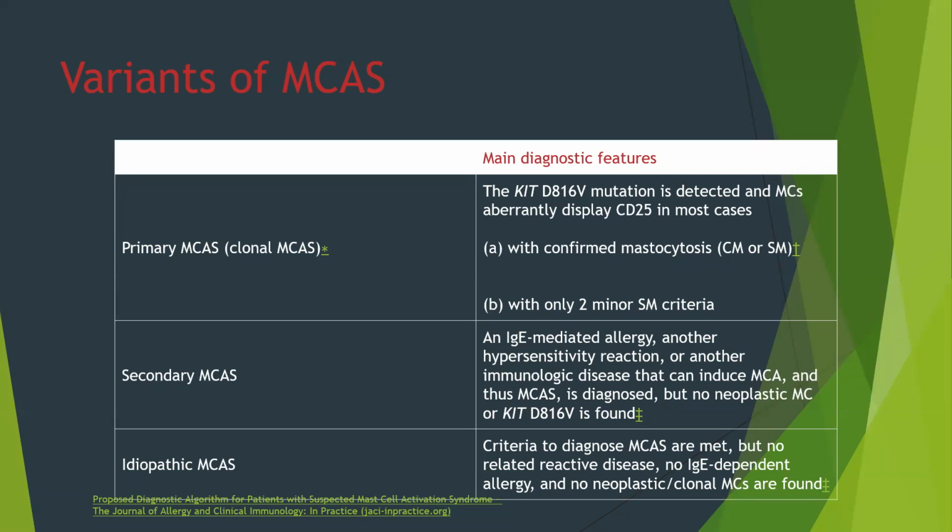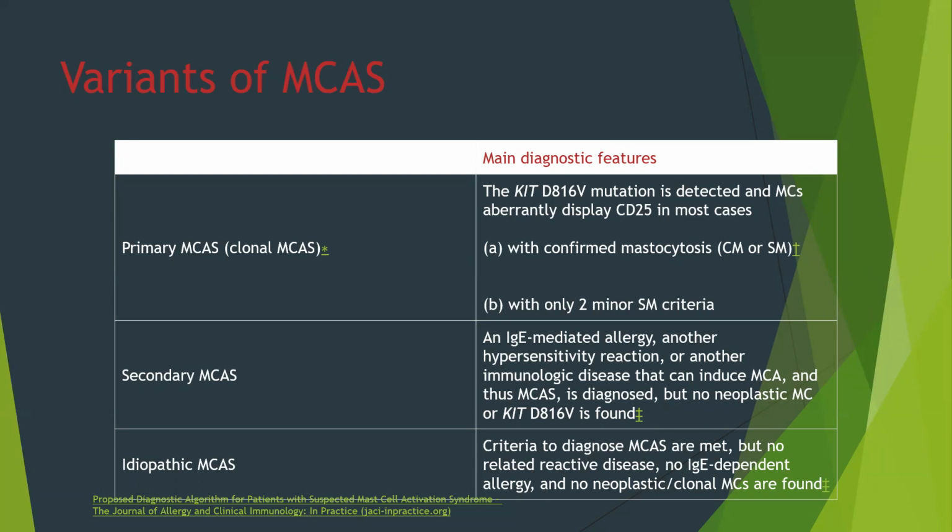So there are primary cases when there is some clone of mast cells, not cancers, but still a clone of mast cells that have a special type of mutation, and it could be done with a bone marrow biopsy and needs to be confirmed.